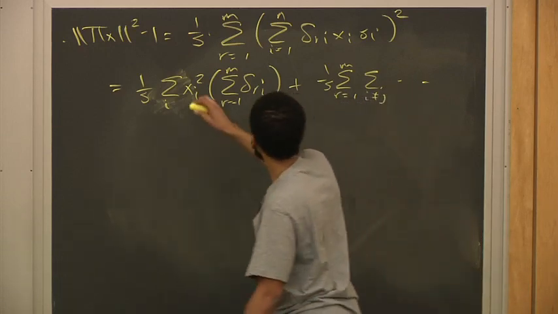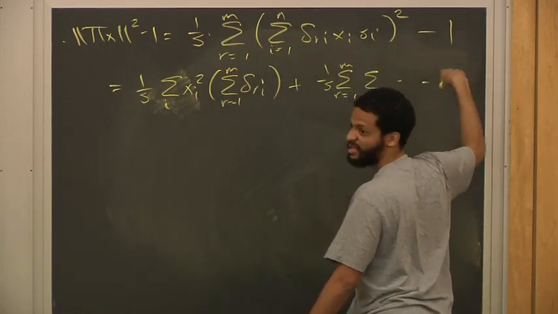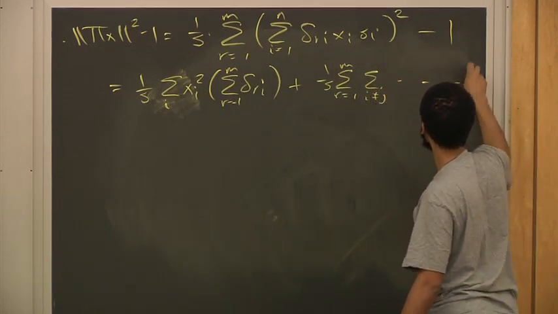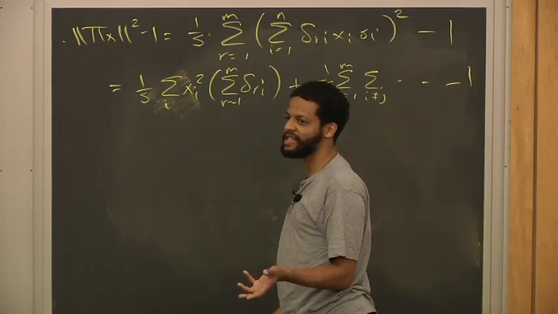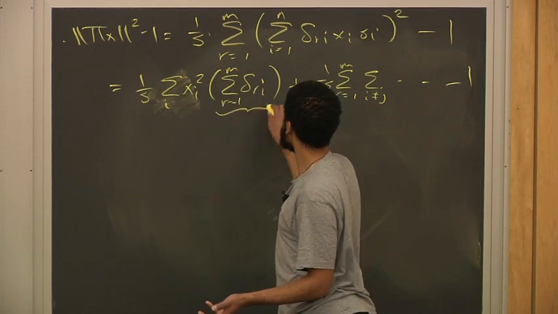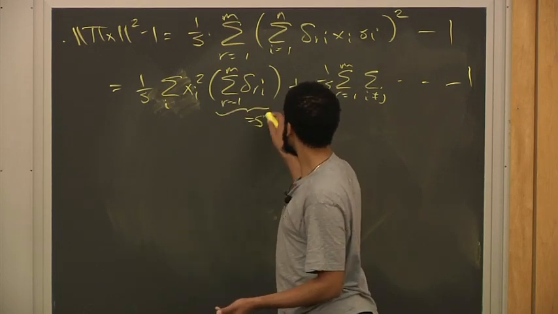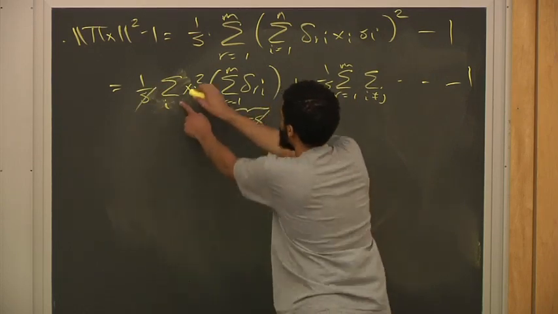And I subtract 1. The point is, because we have exactly s non-zeros per column, this thing is equal to s, which then cancels that, and then this thing cancels that.